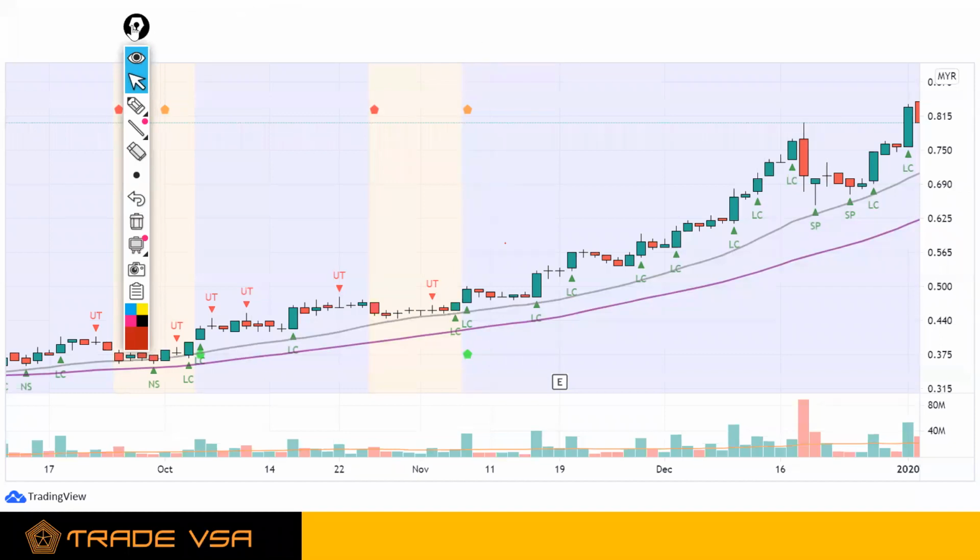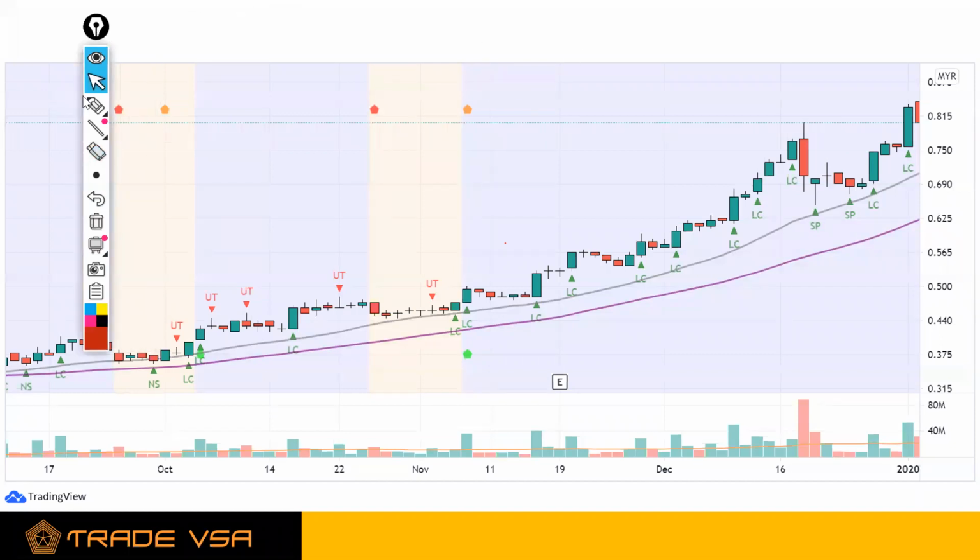So okay, now let's go through this. There are actually a few over here, but the one that is really nice, easy to recognize, is after this bar. Let me erase. This bar is an LC with high volume, which fulfills the criteria of being higher than all the bars over here.